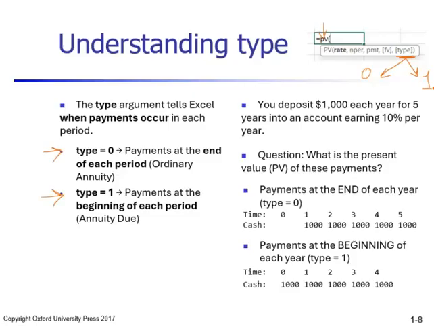Clearly you can see it here, type 0, payments at the end of each period, ordinary annuity, and type 1, payments at the beginning of each period, annuity due. Because the cultures, the contract protocols are different.